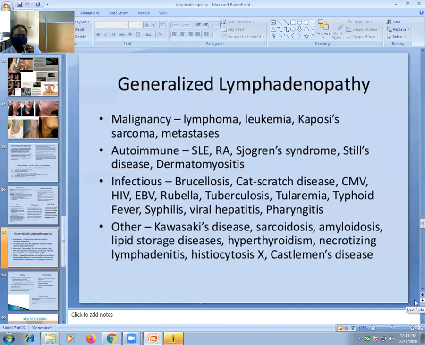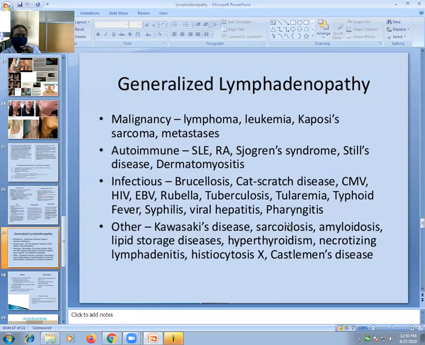Generalized lymphadenopathy. The causes of generalized lymphadenopathy are mostly primary malignancy like leukemia and lymphoma, then autoimmune diseases like SLE and rheumatoid arthritis. Among infectious etiologies are brucellosis, cytomegalovirus, HIV, Epstein-Barr virus, rubella, and tuberculosis, but the most common are cytomegalovirus, HIV, rubella, and Epstein-Barr virus.